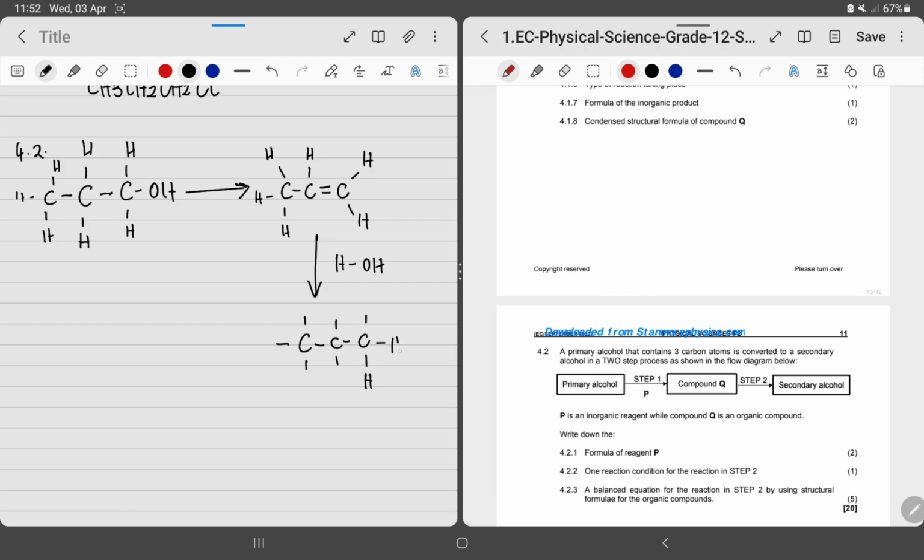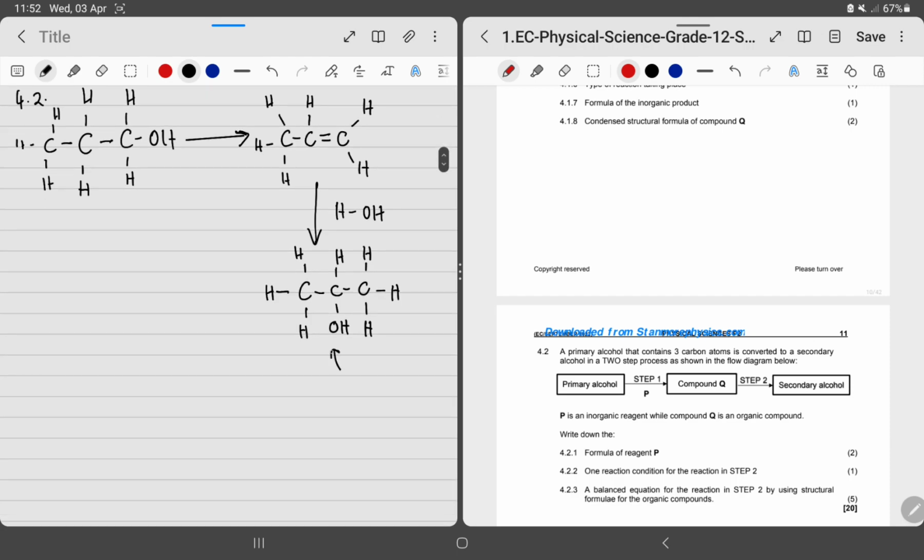And then the OH will go there. This right here is a secondary alcohol because this carbon atom that is attached to the OH group is attached to 2 carbon atoms. Okay.